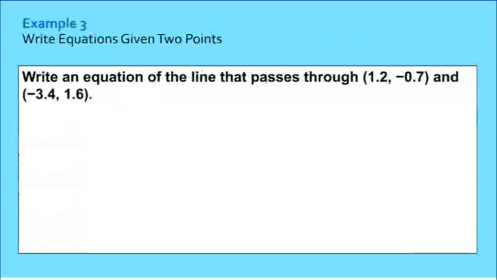So example 3, write an equation of a line that passes through these points. I'm going to use the formula y2 minus y1 divided by x2 minus x1. Whatever ordered pair you choose first, that has to be the first number on top and on bottom. So I'm going to choose this one first.